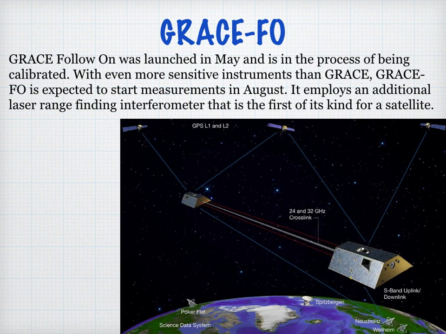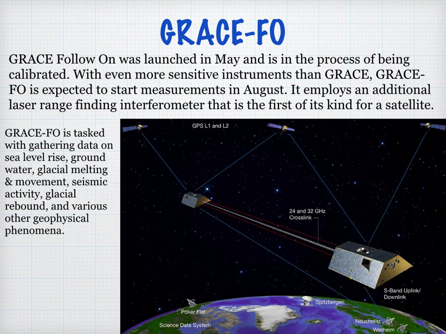So, a follow-up to GRACE called GRACE Follow-On, or GRACE-FO, was launched in May, and it's in the process of being calibrated. With even more sensitive instruments than GRACE, GRACE-FO is expected to start measurements this August. It employs an additional laser ranging interferometer that is the first of its kind ever for any satellite.